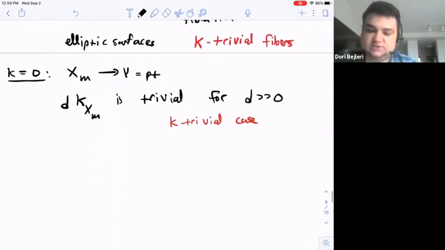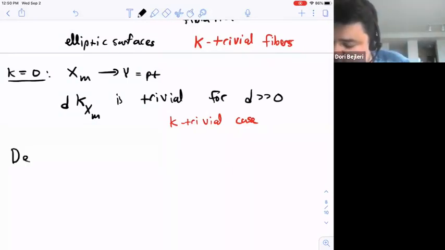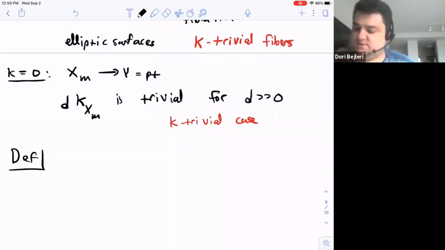Okay, and actually I should give a definition of this k-trivial before using it. So I'll do that right now. I'll give definitions for each of these possible categories.